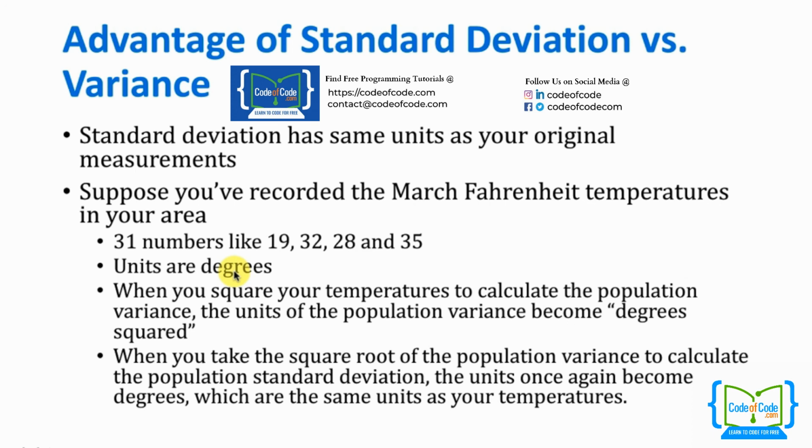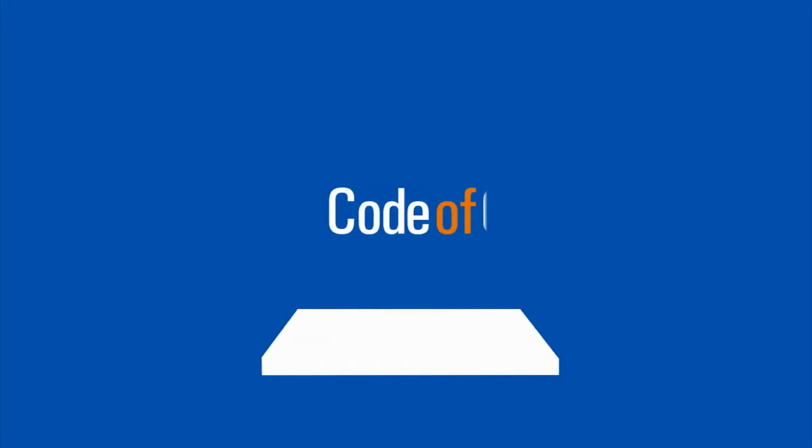That's not the same unit as your original measurement. By taking the standard deviation, which is the square root of the variance, you go back to the original measurement. So if we find out that the standard deviation for our temperatures in March is 2, that would mean a 2-degree difference from the mean in a given year of average temperature values.